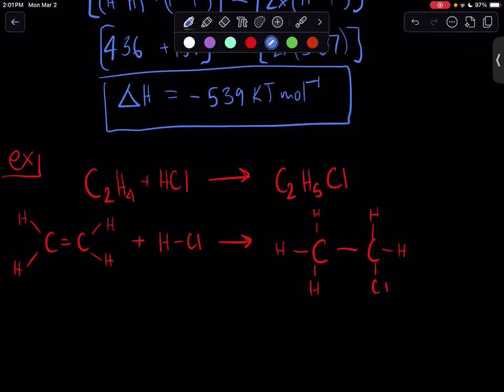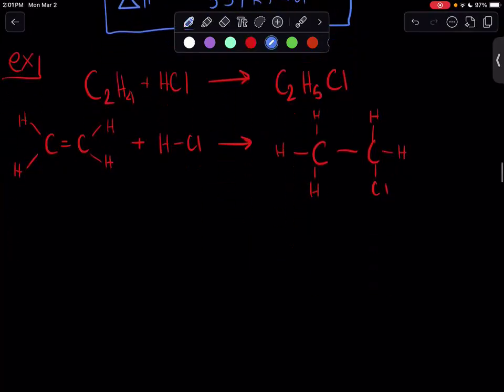And we can start analyzing our bonds. So first I see the carbon-carbon double bond. That's different than a carbon-carbon single bond, so we'll have to make sure we keep that very clear. Then I see 4 times our carbon-hydrogen single bonds. Then we have 1 hydrogen-chlorine single bond.